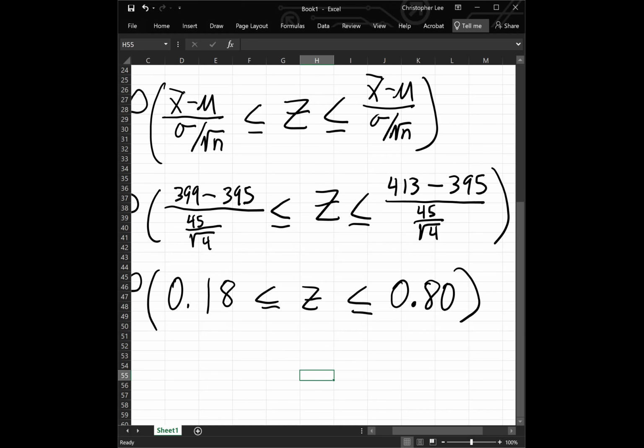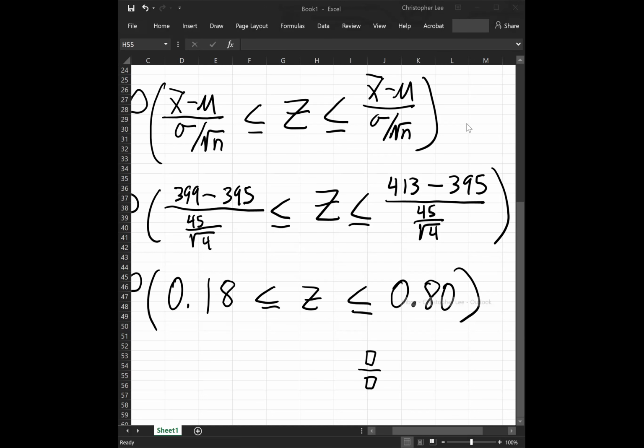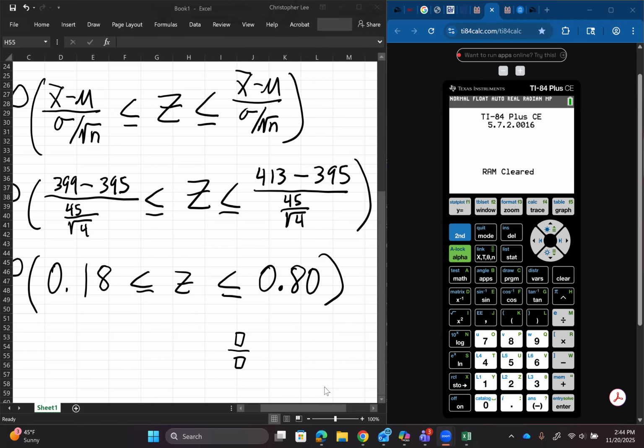So on your calculator, you have something called a fraction button. It's right above the number 7. It looks like this. You're gonna press that fraction button, and then you're going to put the top part, 399 minus 395. I'm gonna do it on my end to show you what it should look like.